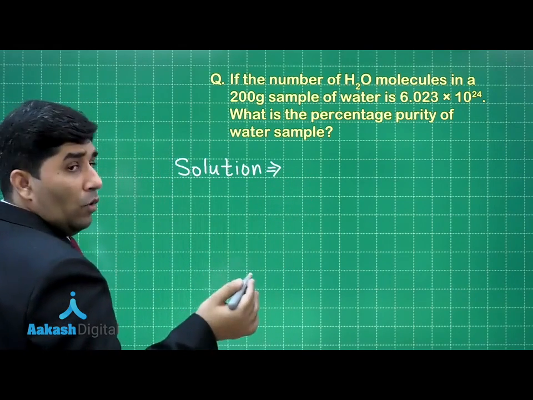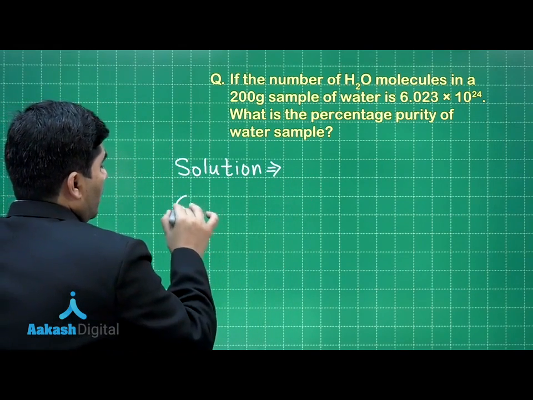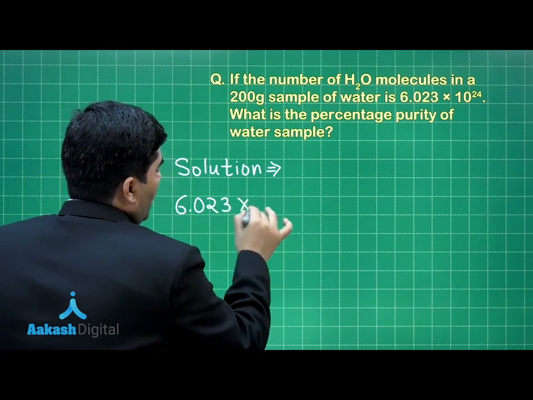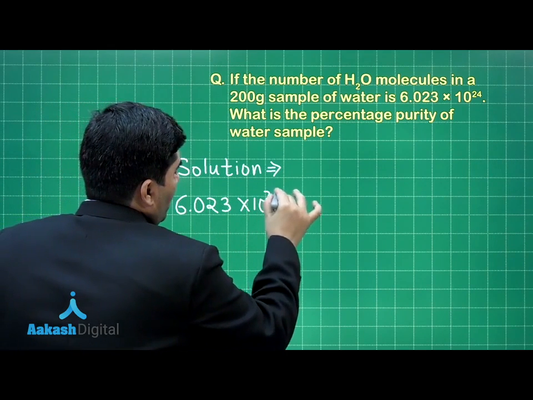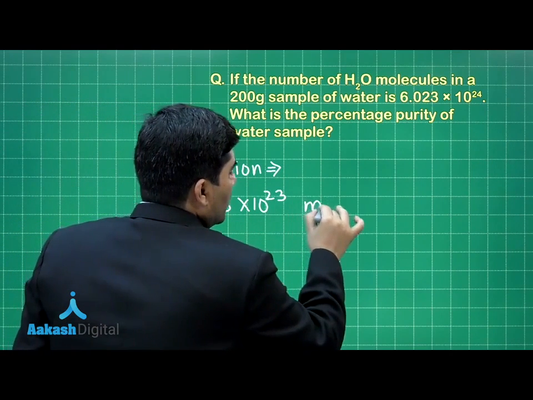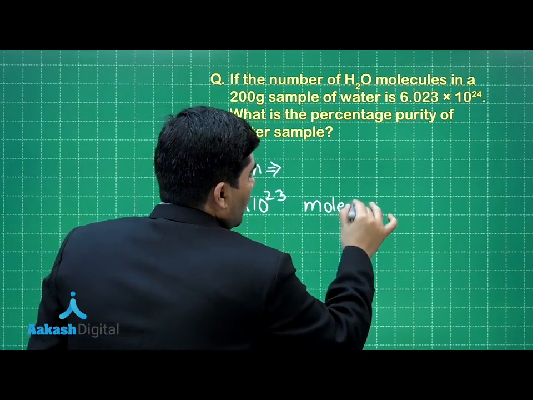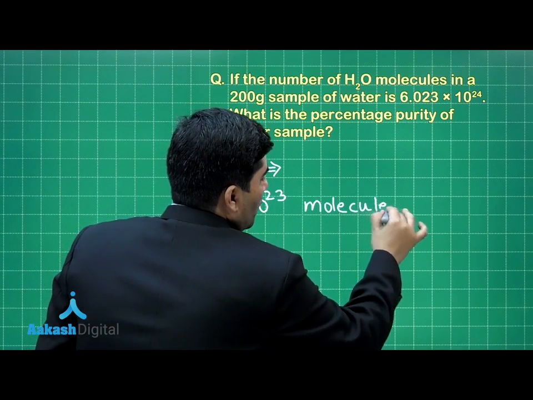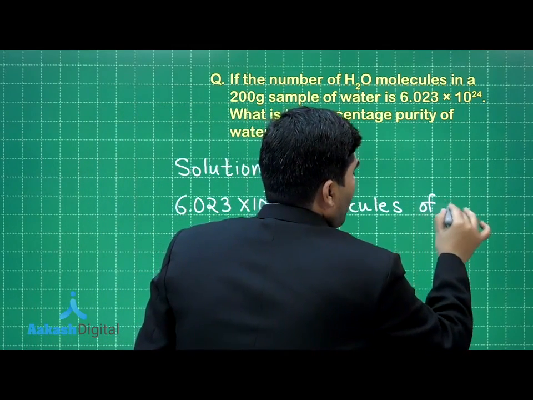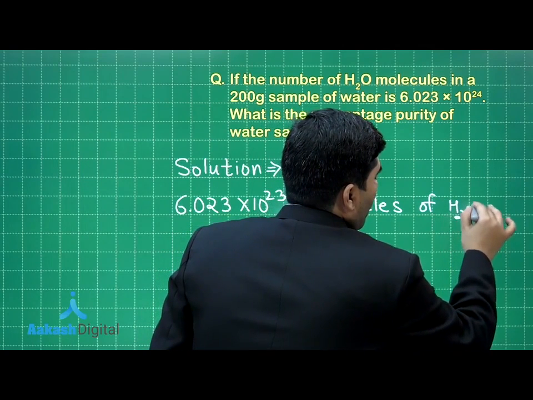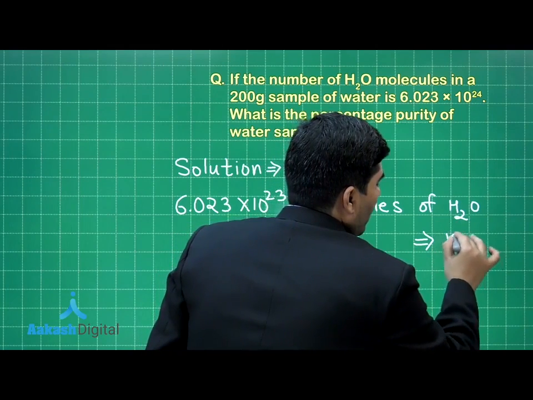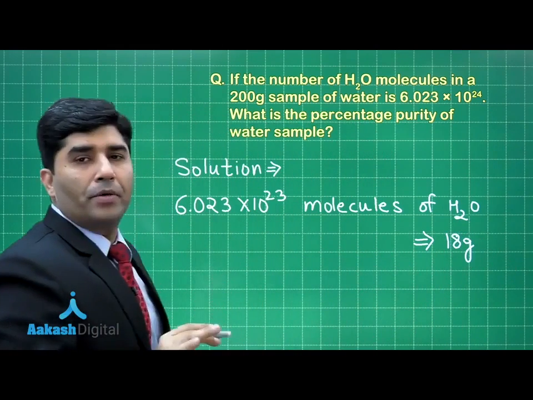Now, we all know that 6.023 into 10 to the 23 molecules of water will weigh 18 grams, right?